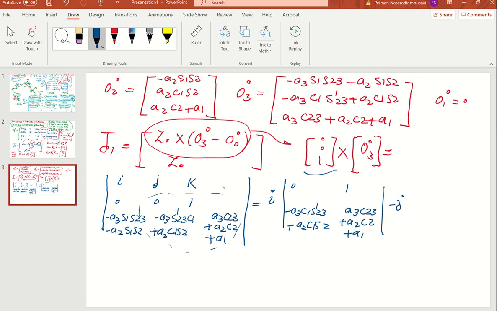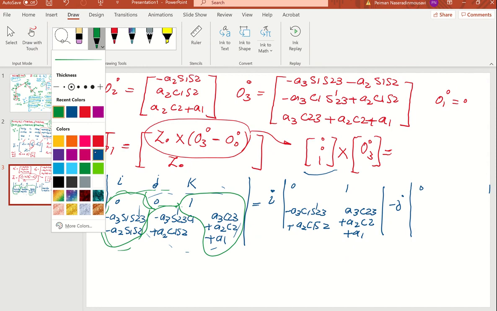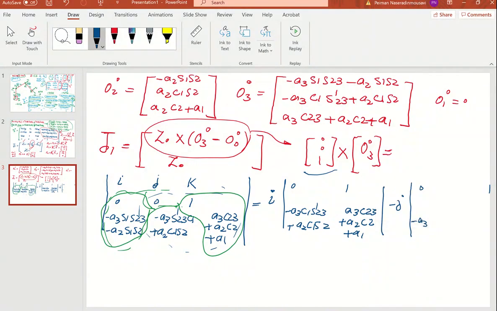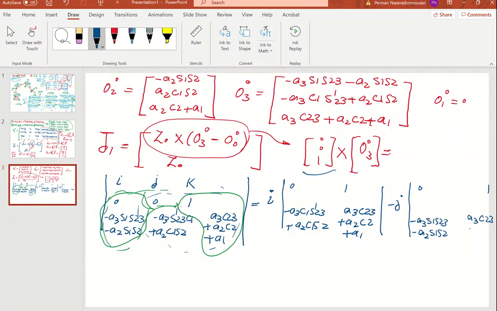Minus j, again 0 and 1. Now these elements, this determinant, this is high school stuff. The determinant of this: 0, 1, minus a3 sine 1 sine 23 minus a2 sine 1 sine 2, again with the same term a3 cosine 23 plus a2 cosine 2 plus a1.